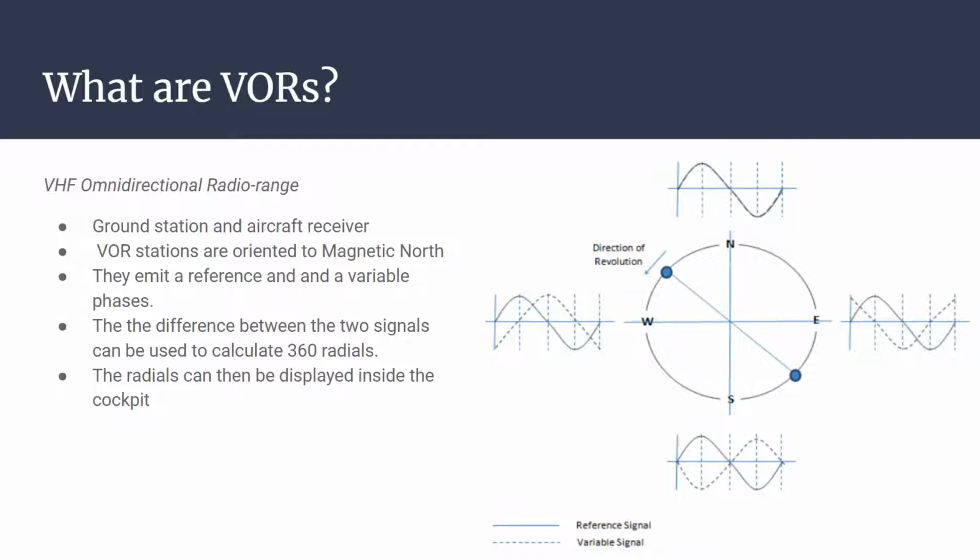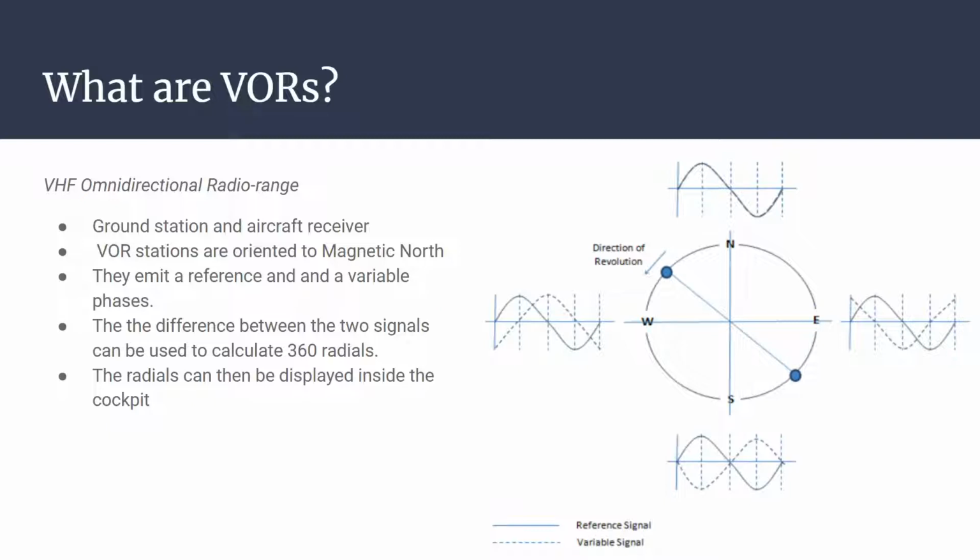For us in Ireland and the UK, that's usually about 3 to 4 degrees. For France, around the Paris area, it's roughly 6 or 7. Those will be on the charts typically, or if you use something like SkyVector, it does the correction for you, which is really useful.